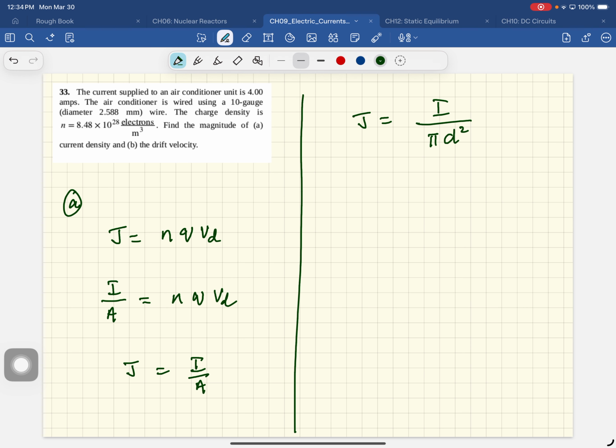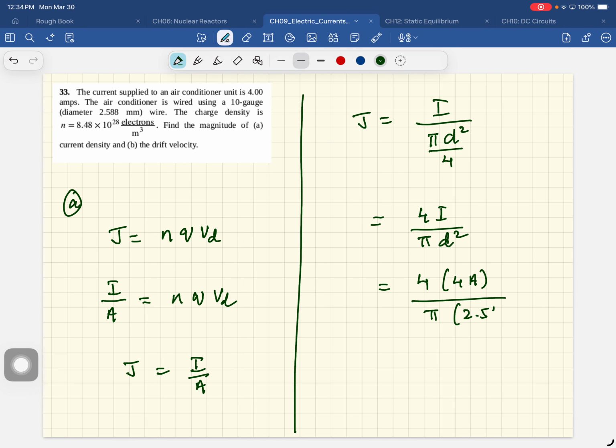They've given you your diameter, squared by 4. Diameter by 2 is the radius, and pi r squared is the area of cross section. So 4I, 4 amps, and diameter is 2.588 millimeter.